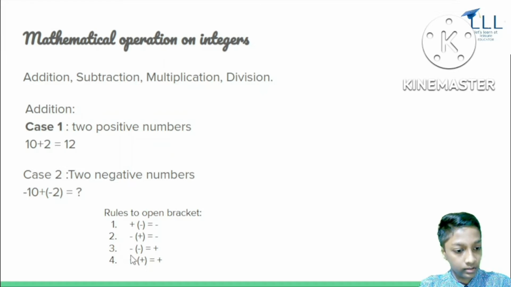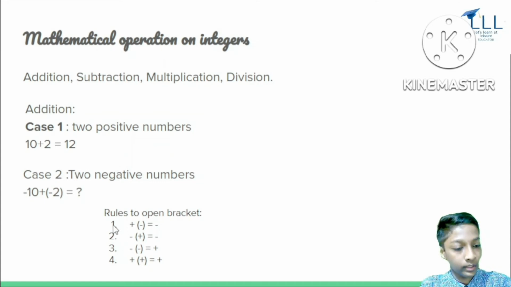In the third case, we get a negative sign before a bracket and a negative number in the bracket. Then we have to remove the bracket and put a positive sign before the number. In the fourth case, we have a positive sign before the bracket and a positive number inside the bracket. Then we have to remove the bracket and put a positive sign.